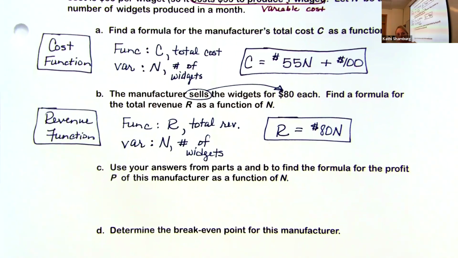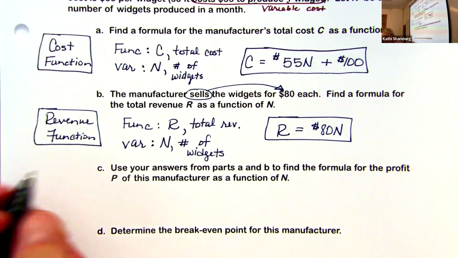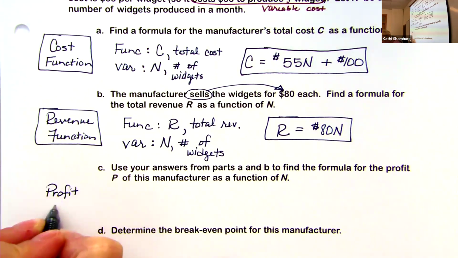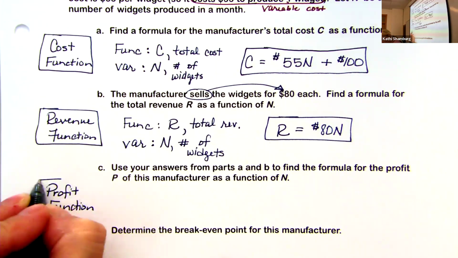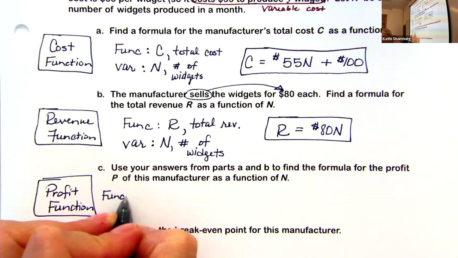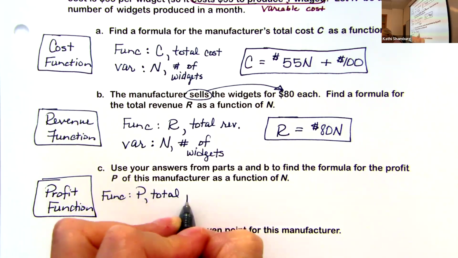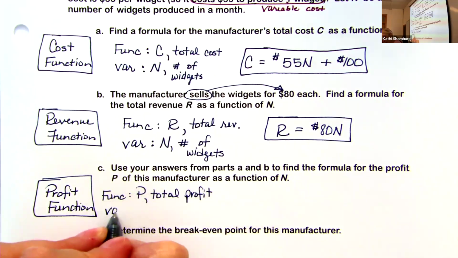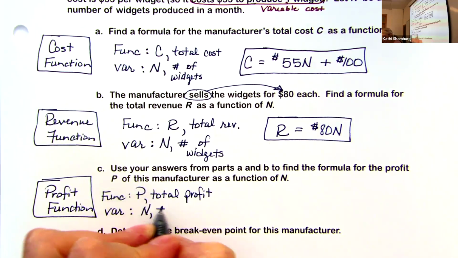All right, use your answers from parts A and B to find the formula for the profit. So now we're going to do the profit function. So now my function changes to P for total profit. And what about the variable? Does it change? No. Number of widgets.